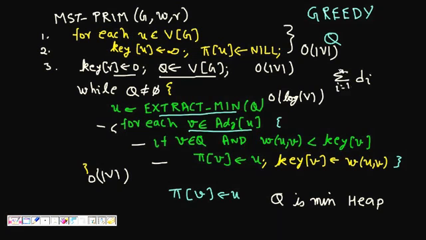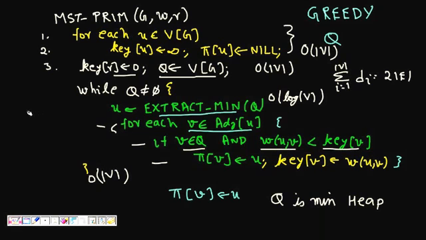So if you sum i equal to 1 to mod V, this becomes equal to twice the number of edges. So this for loop, for each v adjacent to u, and these three lines, run twice the number of edges times. And then it checks if v belongs to Q, and if weight uv is less than key v, and these can be done.